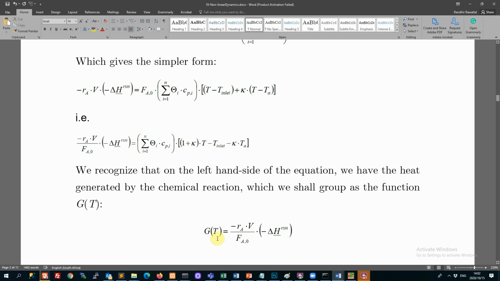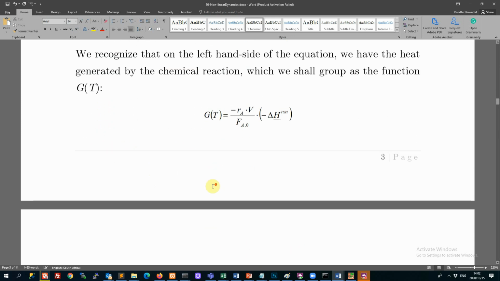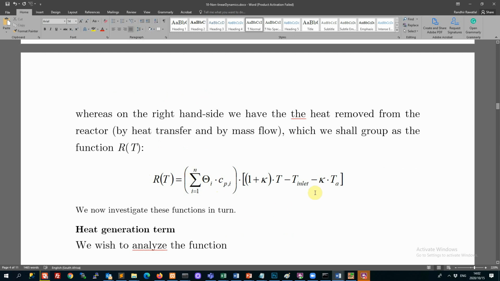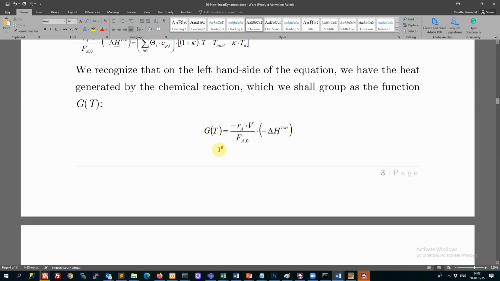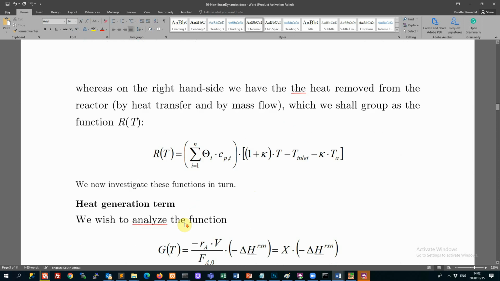So this G of T is, when we say heat generated, we mean specifically thermal energy that's built up due to reaction here. So that's heat generated. And then, as we said, we are thinking of this as the heat that we are applying. So this is energy removed. We'll call it that. Okay, so we can define G of T and R of T.